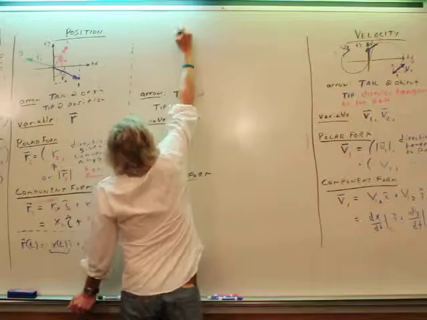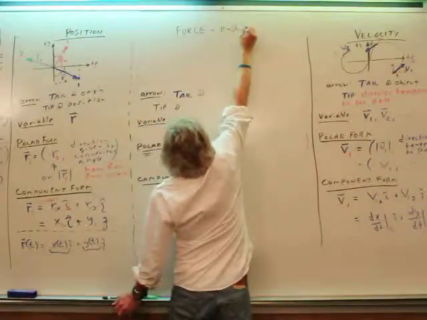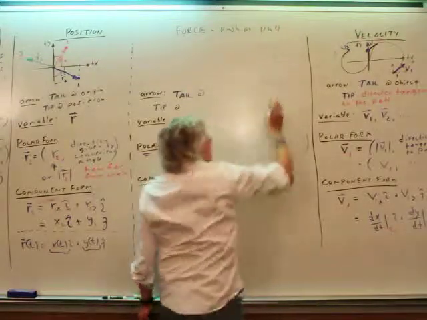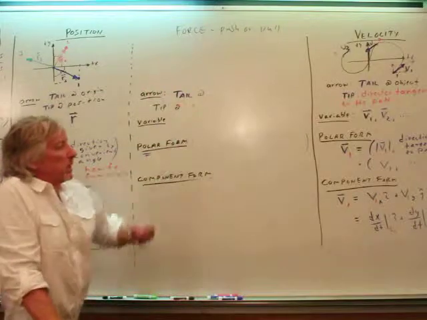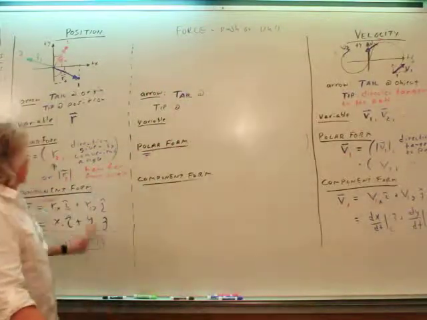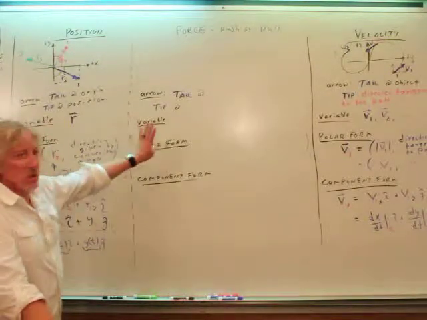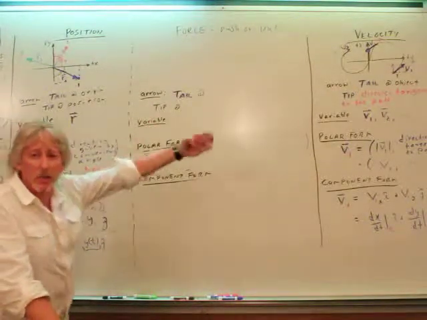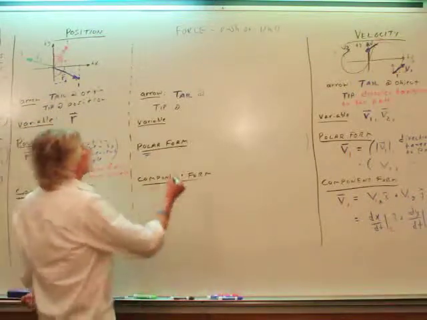So force, and you cannot push or pull in no direction. Okay? The magnitude of velocity is the speed. The magnitude of position is how far from the origin. The magnitude of displacement is how far away you ended up from your earlier state. But what is force? Force is a push or pull.